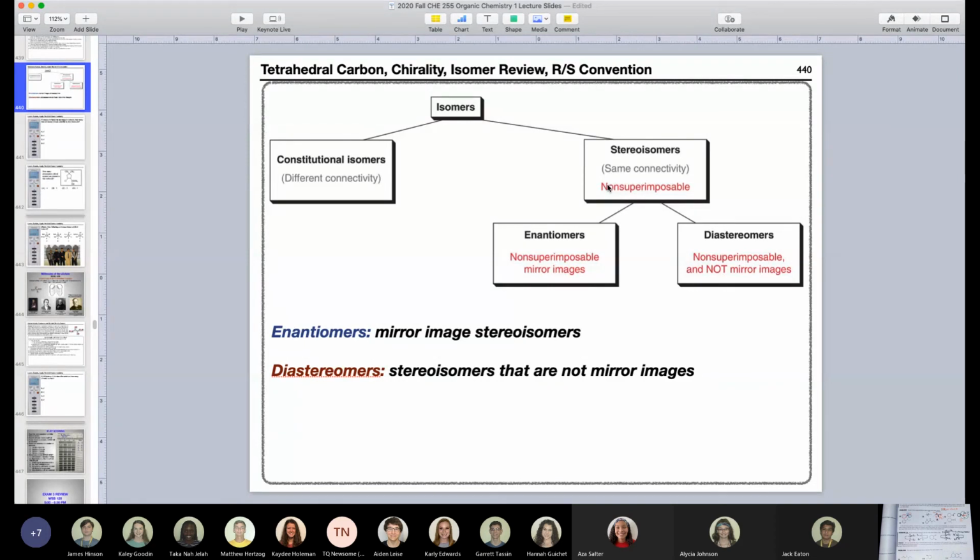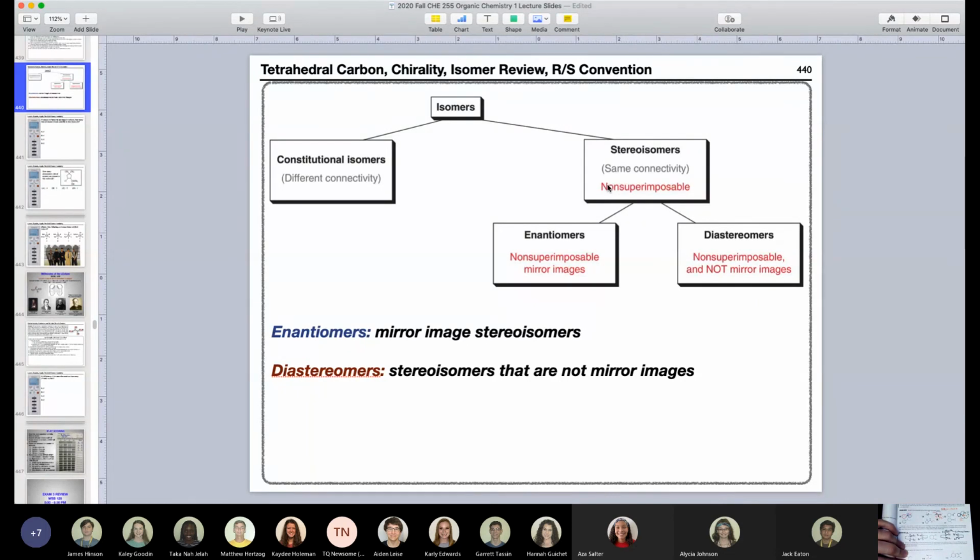If not, why not? So Aiden points out you can do a rotation. So if you imagine taking this molecule like this and flipping it over, you flip this over, these things are superimposable on one another.